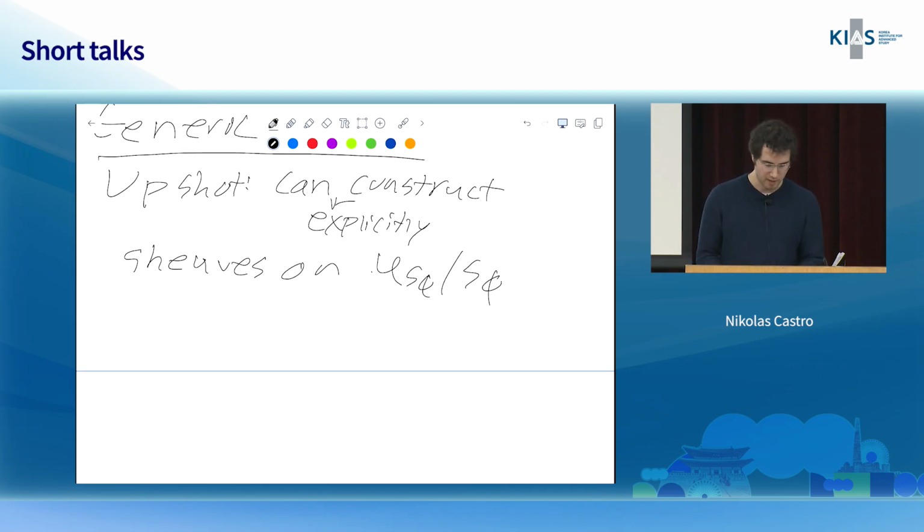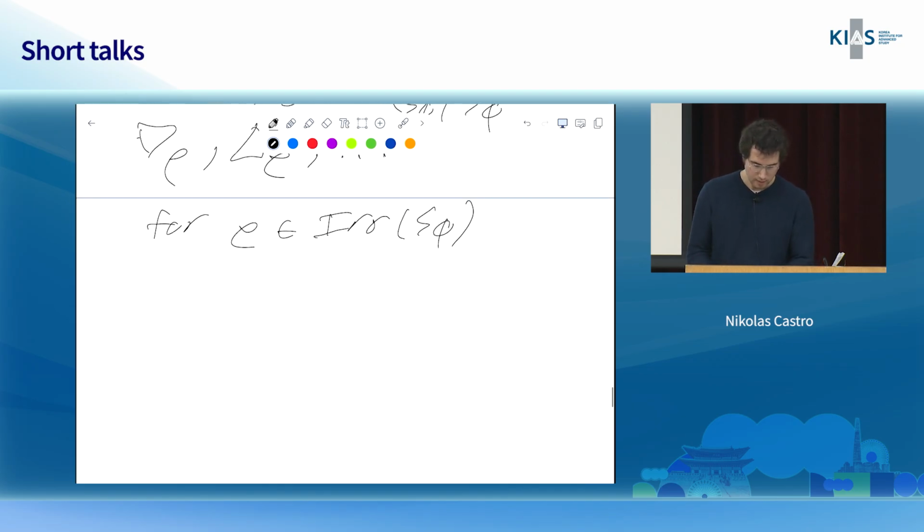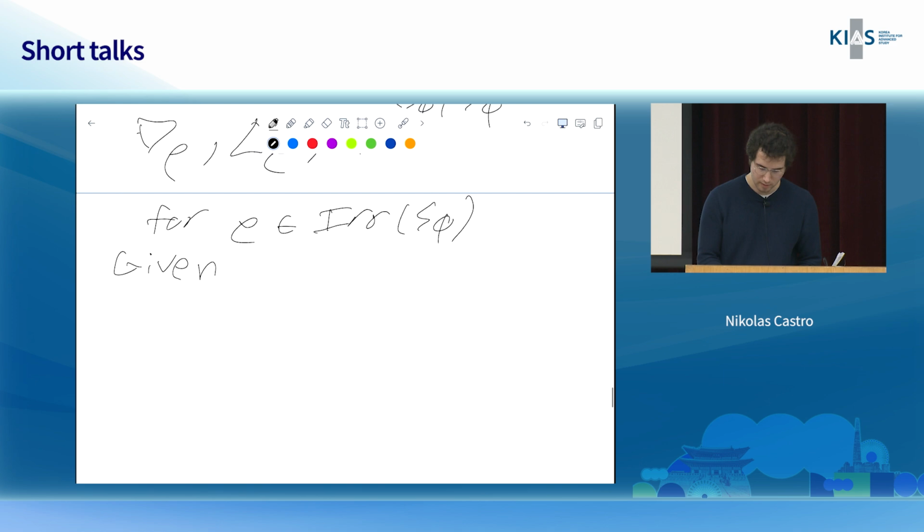There are a bunch of different sheaves that show up. I won't talk about all of them, but just one of them is called nabla rho, another is delta rho, for rho in irrep of S phi, such that the following is true. So given some assumptions, which I'll come back to in a minute, the following is true.